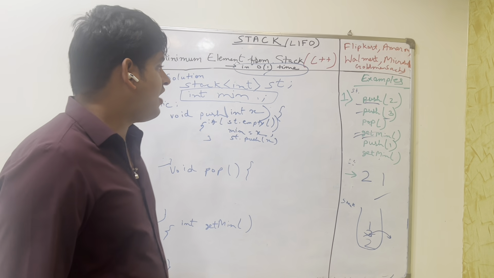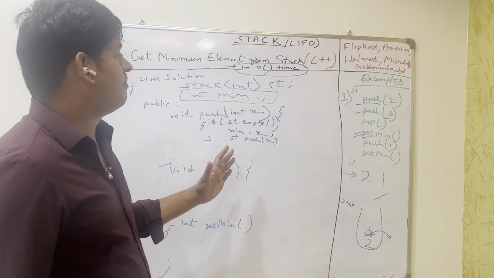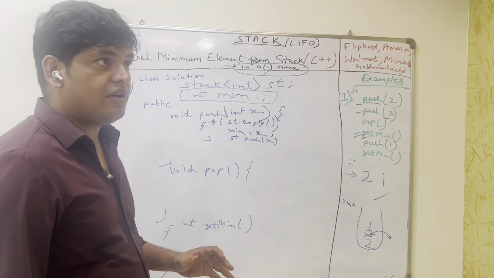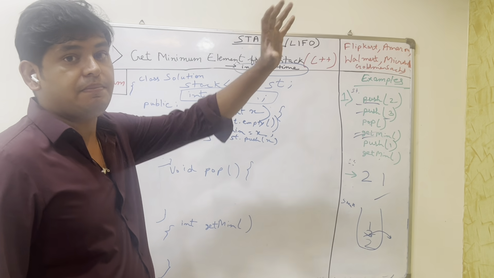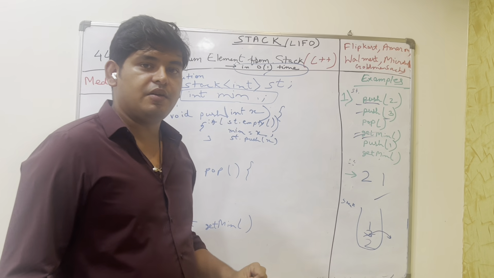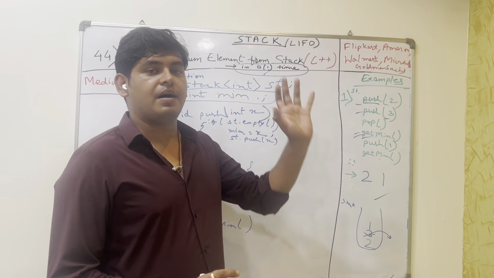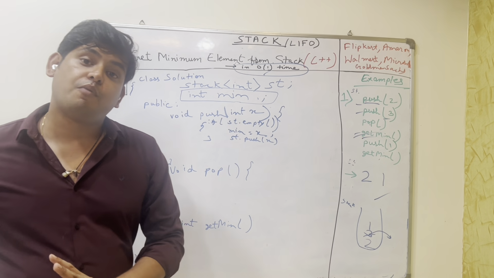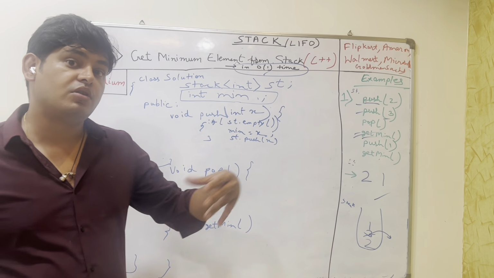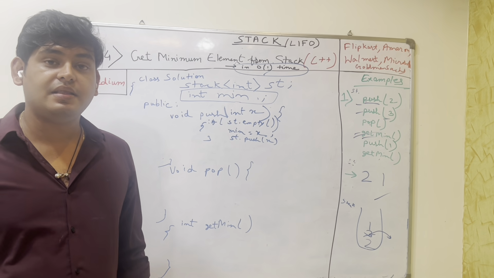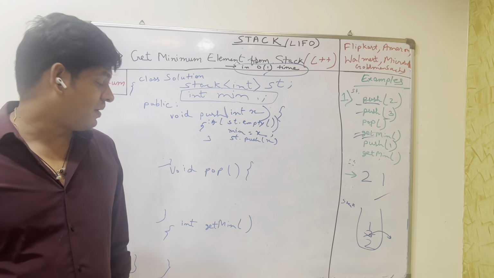So if every time I find out the minimum element, but say 2, 1, 4, 3, I can't keep comparing it, right? Okay, I can get the minimum element while I'm pushing it, right? Every time I'm getting the minimum, okay, currently this is the minimum element. But what if when I'm popping it out and I'm popping out the minimum element, then we can't get our minimum in the order of 1 operation, right?